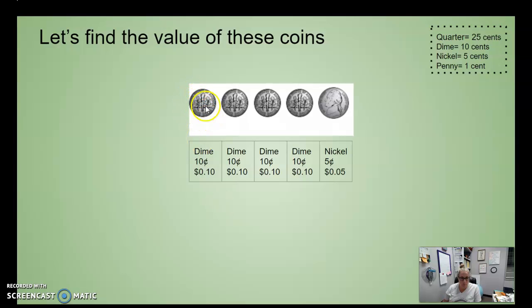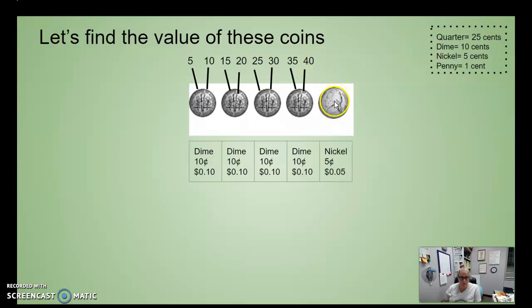So this first one, how many hairs is it going to get? It's worth 10 cents, so it's going to have 2 hairs. And I'm going to skip count while I'm doing it. So 5, 10. That means that this one's going to have another 2, but I'm going to keep skip counting. So 15, 20, 25, 30, 35, 40.